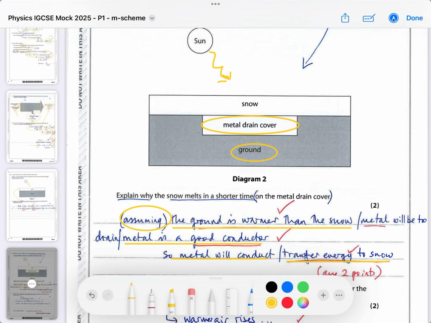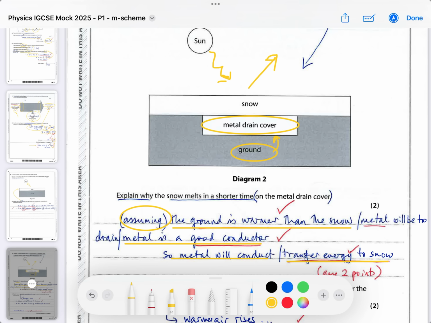The ground is warmer, so the heat will go from the ground, through the metal, and melt the snow from underneath. It's not that the metal drain cover, as some of my students were saying, has absorbed the sun's radiation. How? The radiation can't get through the snow because it's bouncing back.